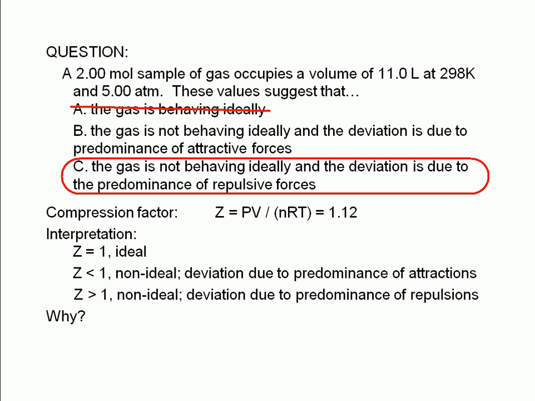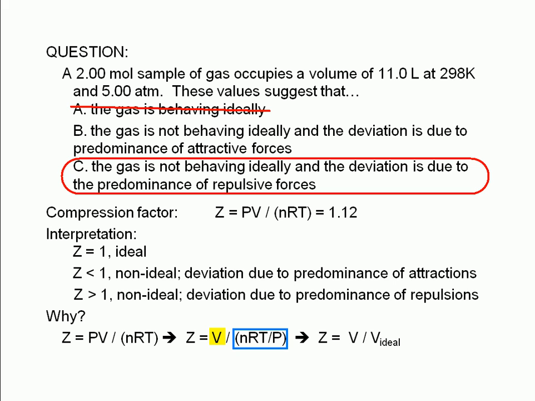What is the connection between the value of Z and intermolecular forces? To answer this, it is best to rearrange the right-hand side of the formula for Z. If we divide both numerator and denominator by P, we get Z equals V divided by nRT over P. The denominator, nRT over P, is equal to the ideal volume.